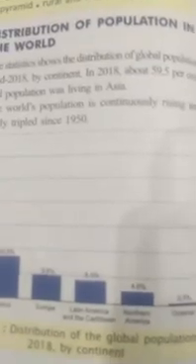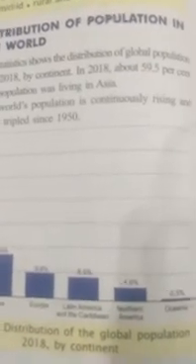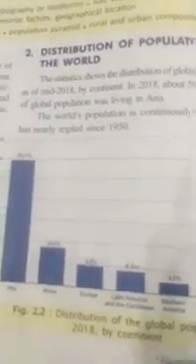Third is Europe, 9.8%. Latin America and the Caribbean, 8.5%, and Northern America, 4.8%. And the rest is Oceania with 0.5%. This is the distribution of the global population in 2018.